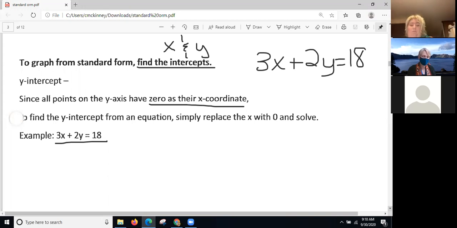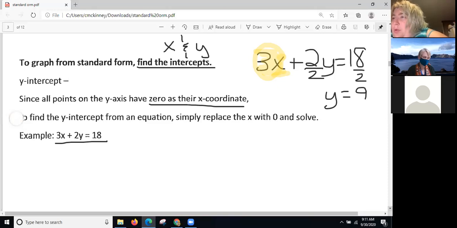So this whole part just becomes 0, because 3 times 0 is 0. Then I'm just working with 2y is equal to 18. Divide by 2. The y-intercept is 9.